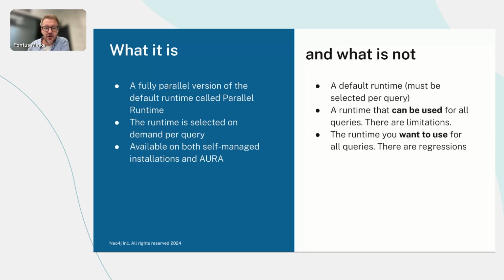It's available everywhere, both self-managed and Aura. And as I said, it's not a default runtime. You have to select it per query. And there are some limitations. You can't use it for all queries. There are some cases where it makes better sense to use the standard runtime.